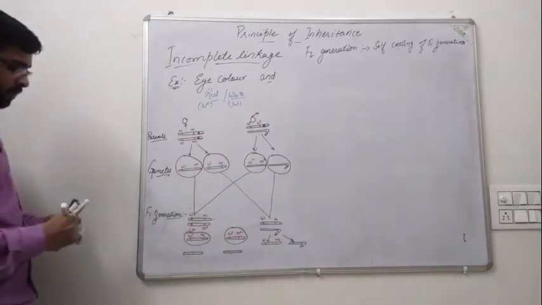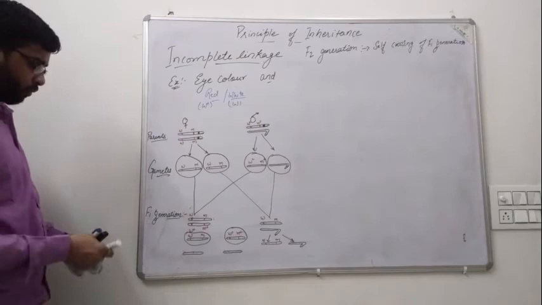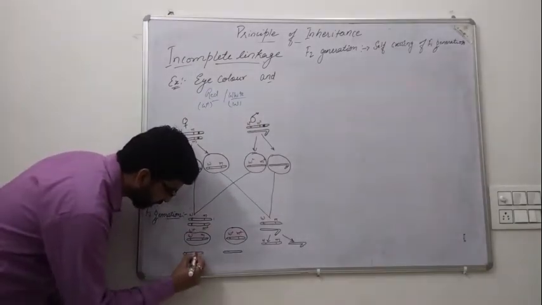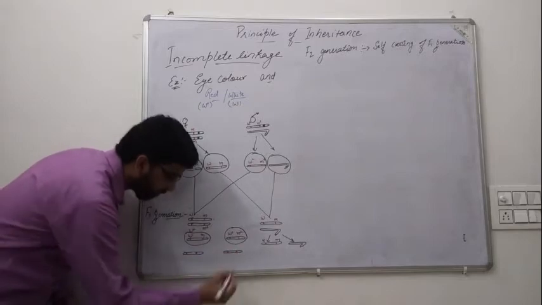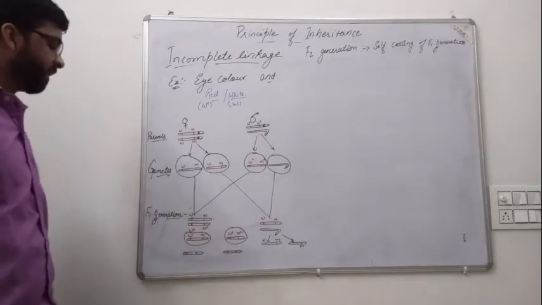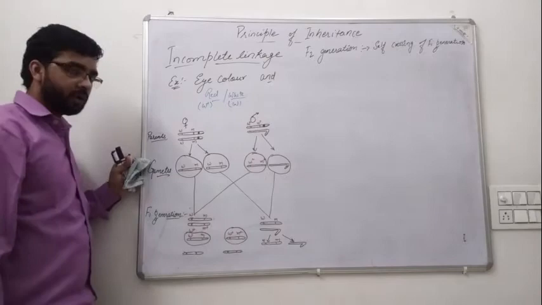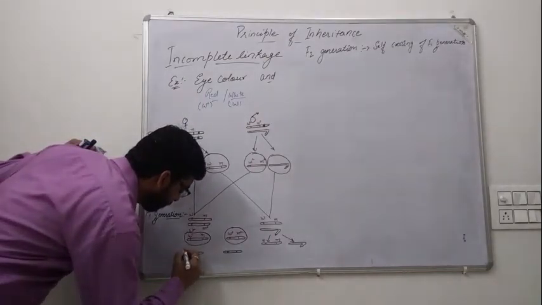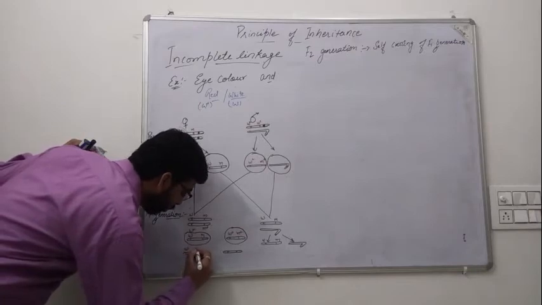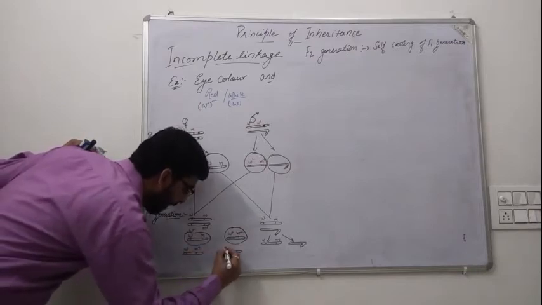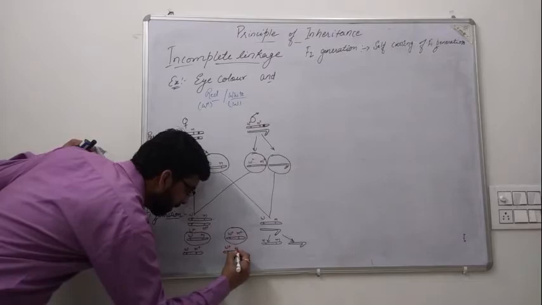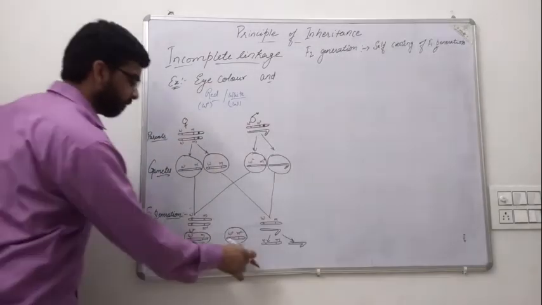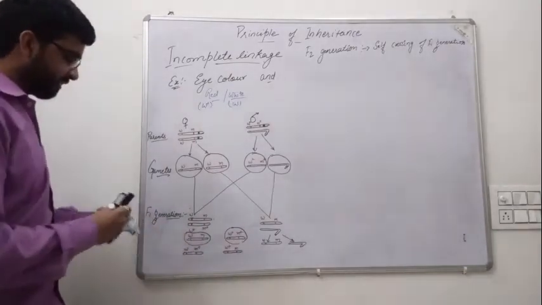Now these two lower ones we assume are the result of recombination or crossing over in the gametes during cell division. So we assume this one is white eye, normal wings, and this is red eye, miniature wings.